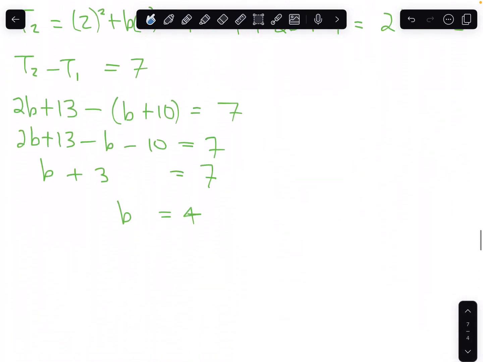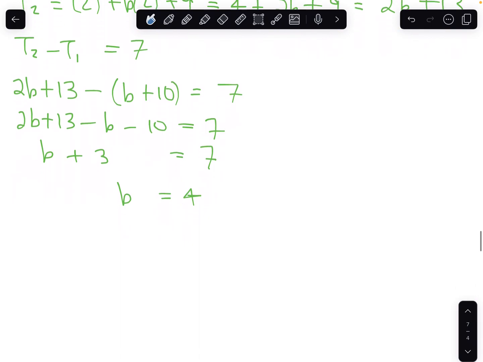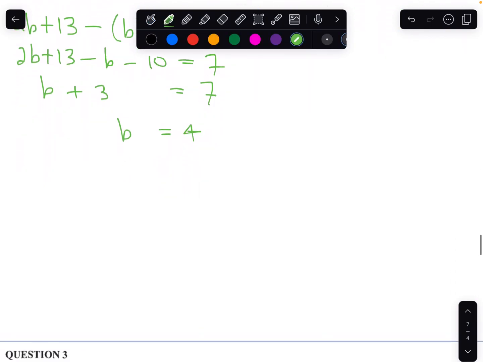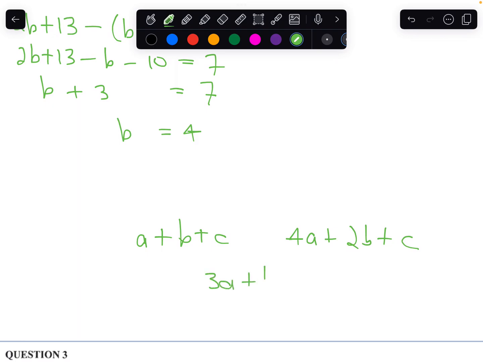Another way we could have gone about it is, if you happen to remember that quadratic tree that I've shown a couple of times how to derive. I keep forgetting what the values are. I think these are the expressions for the first two terms, and then the first difference will be 3a plus b.